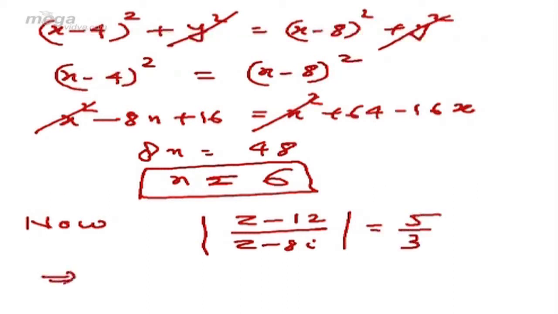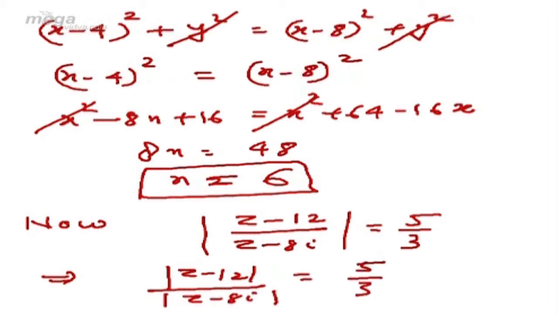Now first we write in the same way as we did in the last equation: mod of z minus 12 divided by mod of z minus 8i is equal to 5 by 3. Now 3 into mod of z minus 12 is equal to 5 times mod of z minus 8i.